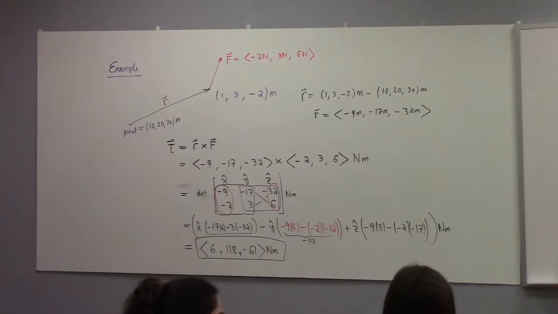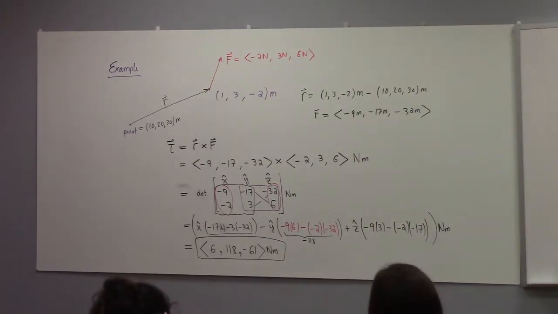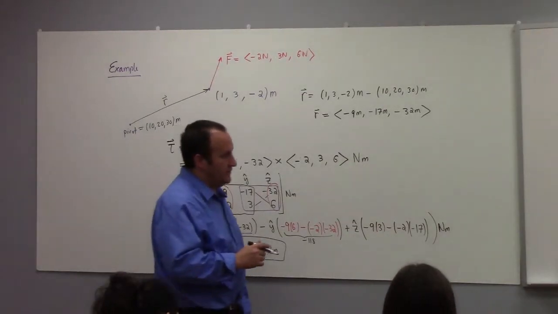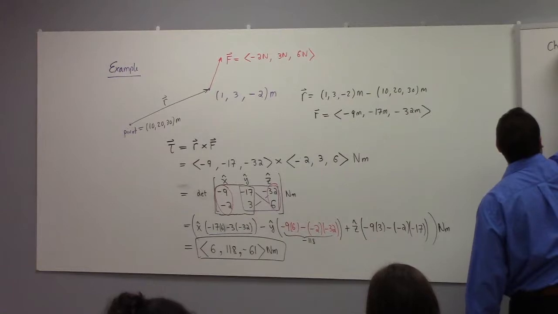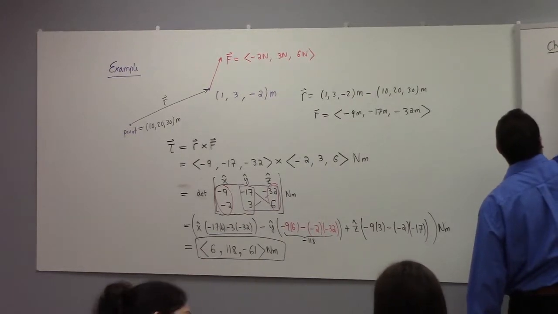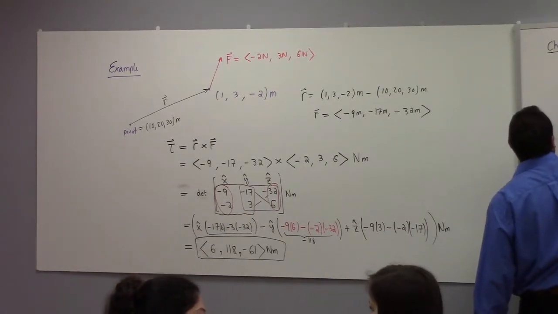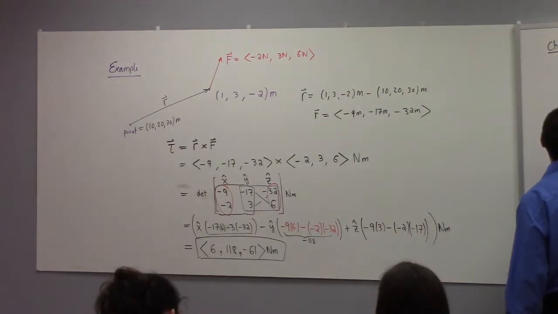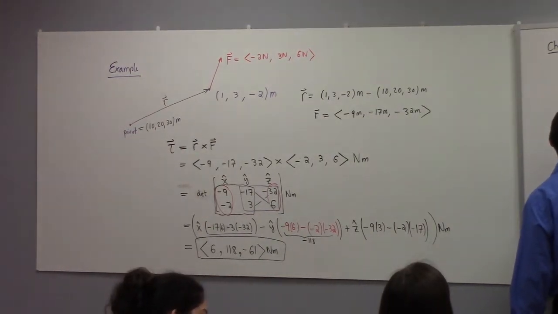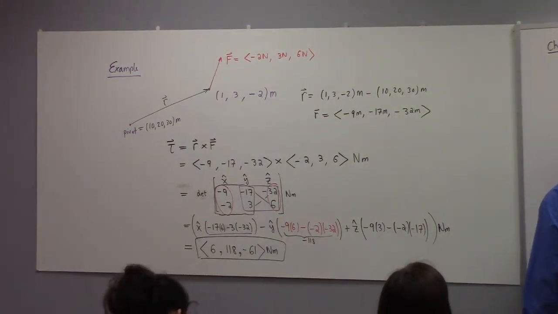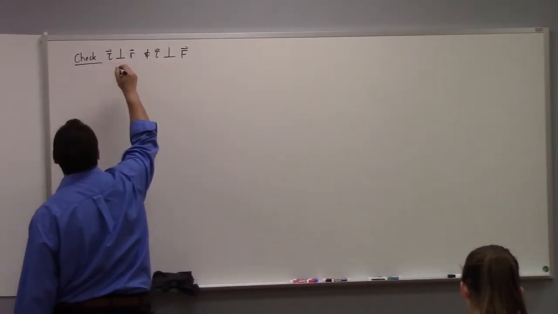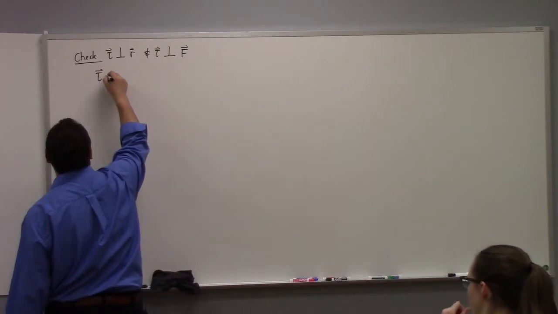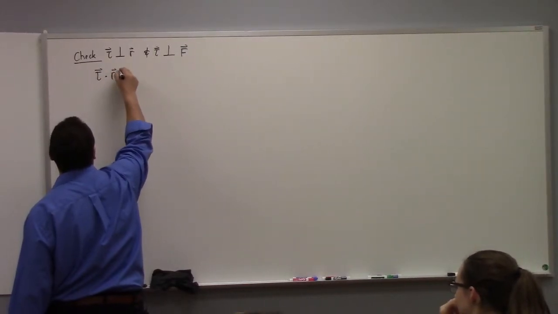Now, we can check and see whether or not we're right. If we've calculated the cross product correctly, we should be able to check our answer, right? So the torque should be perpendicular to R, and the torque should be perpendicular to the force. That's what the cross product formula is supposed to do for us. So what is the dot product of the torque and the radial arm?